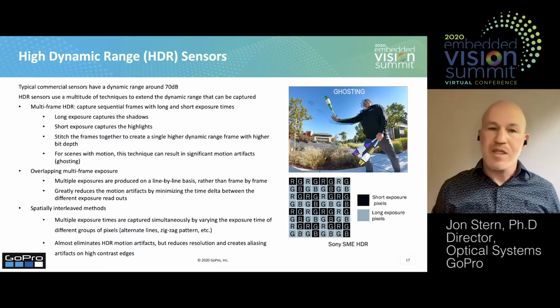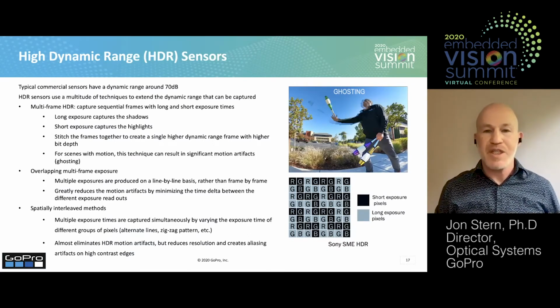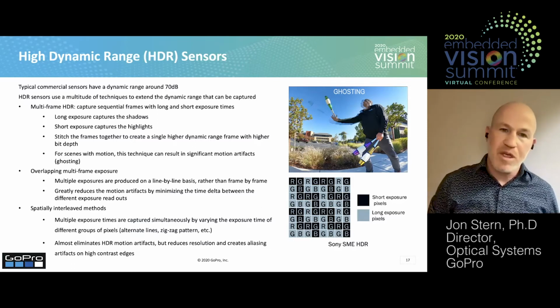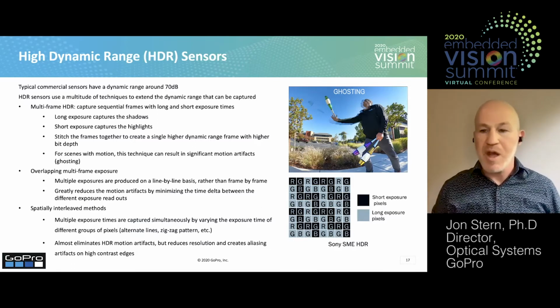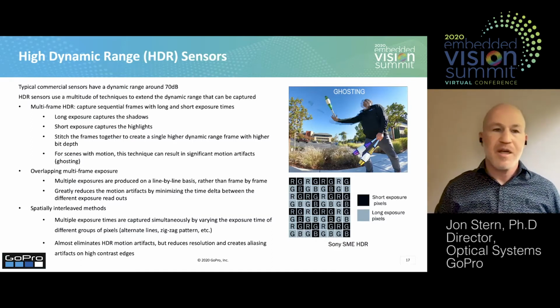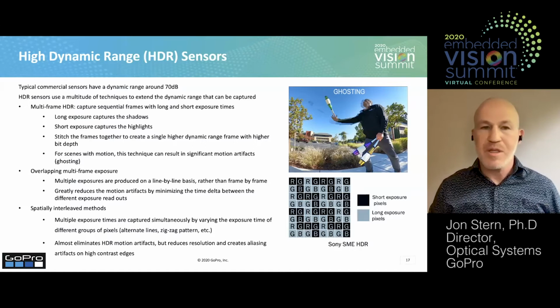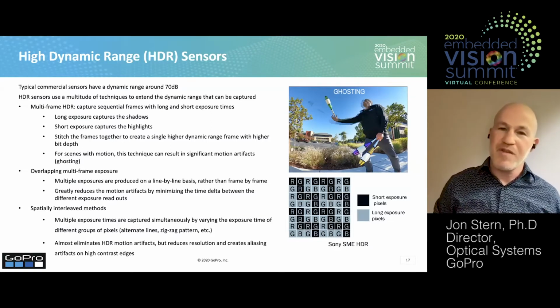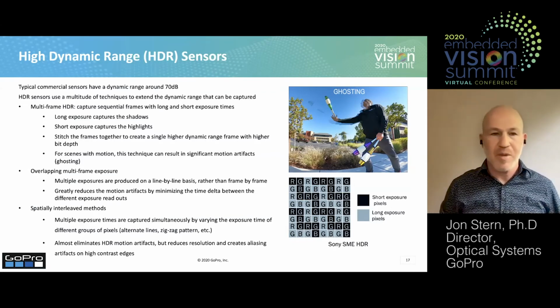Typical commercial sensors have a dynamic range of around 70 dB. If you want to image beyond that dynamic range, which is often necessary if you're working in bright daylight, then you need to adopt high dynamic range technologies. There's a multitude of techniques to extend the dynamic range that can be captured.